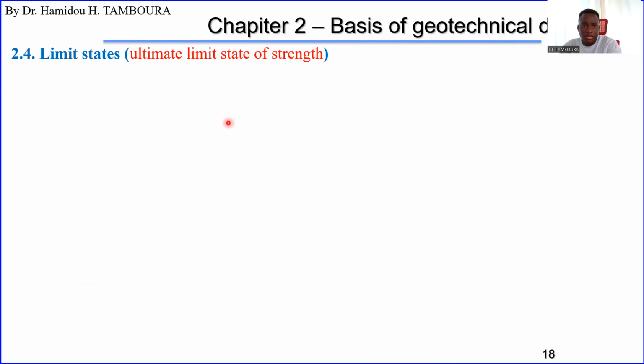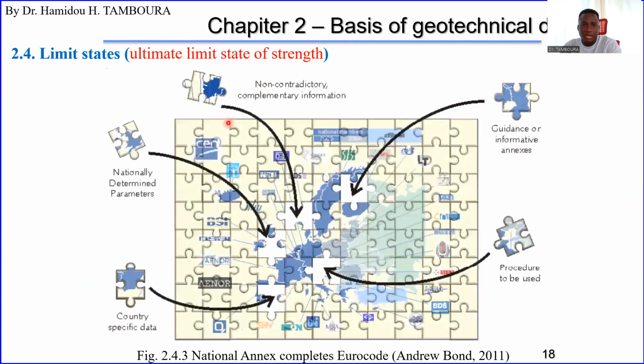So speaking like this, we can say that the Eurocode is just completed by the national annex. In the annex of the Eurocode, we have this part that they call the national annex. The national annex will complete it like a puzzle.